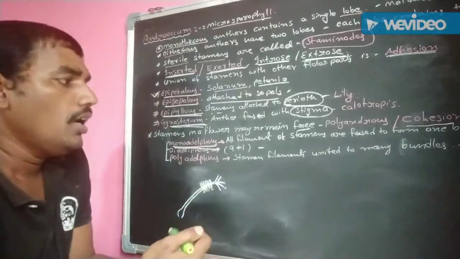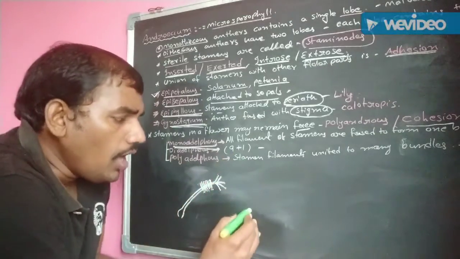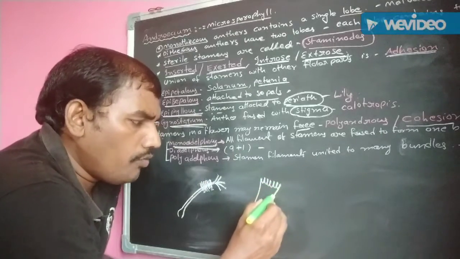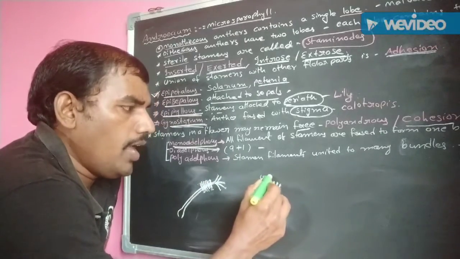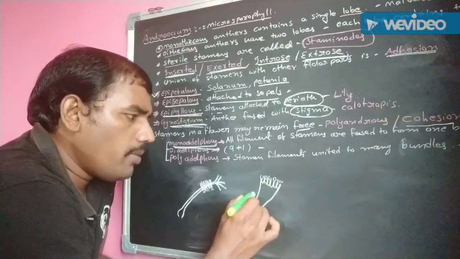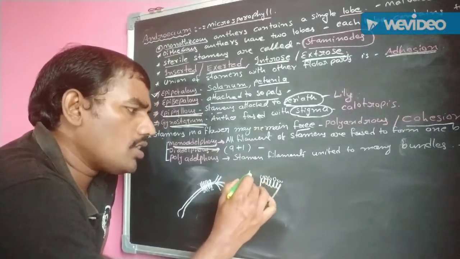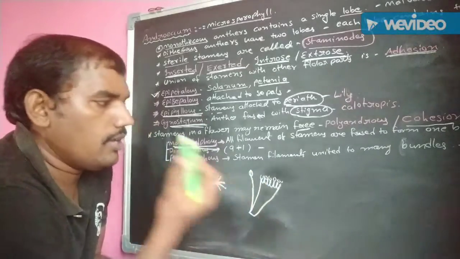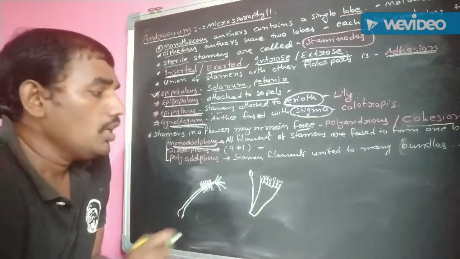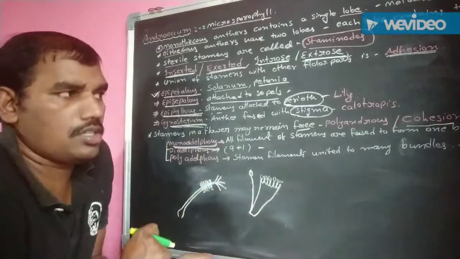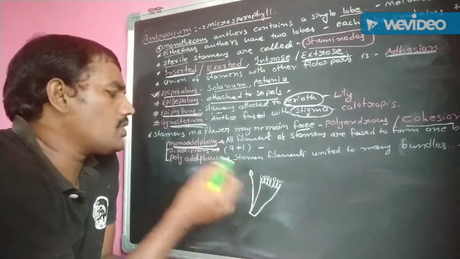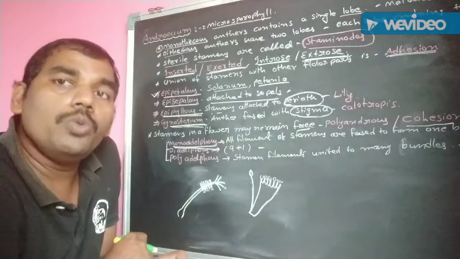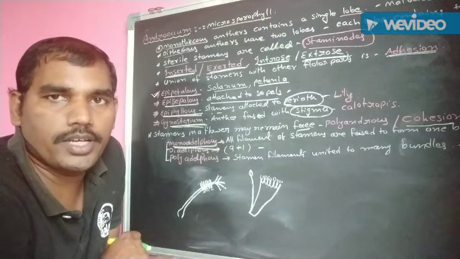Of these 10, 9 anthers are united to form one bundle, and the remaining 10th stamen forms another bundle. So two bundles are present in didelphous stamens. Example, Leguminosae or Fabaceae family members.